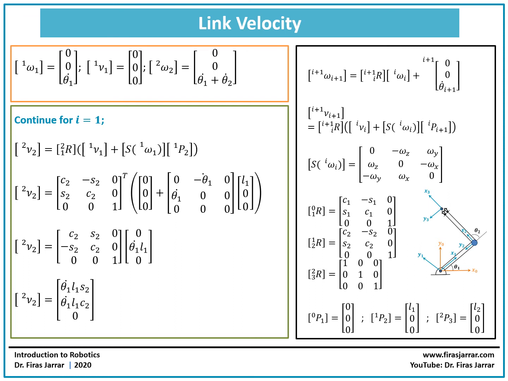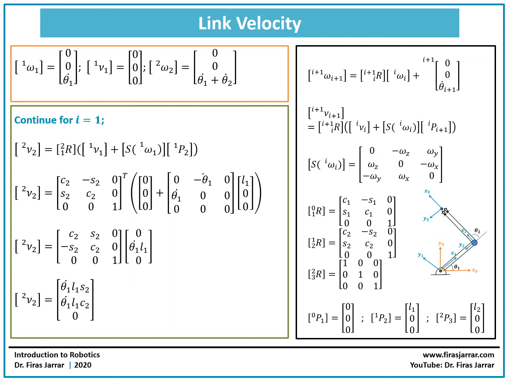So we start by first of all finding the transpose, and this is straightforward. And then we need to multiply these two matrices. You can directly see that we'll have a 0 here, in the second row, by this one, we're going to have theta 1 dot L1, and the last entry is going to be 0.